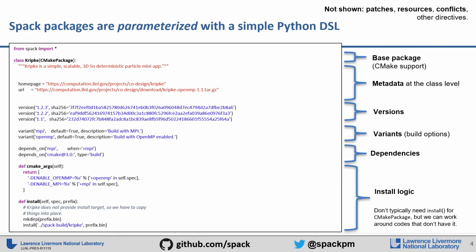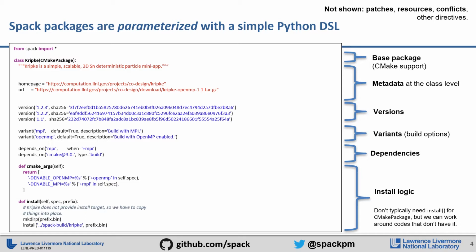This tells you the space of things that you could build, so you could build any of these versions combined with MPI on or off and OpenMP on or off. And then there are dependencies, and some of these depend on what variants you've selected. So if you turned MPI on, then the package depends on MPI. It says when +mpi. If you turn MPI off, it doesn't use MPI, and it just builds a plain version. So you can see there are lots of different ways you can build this, and it's just one simple recipe.